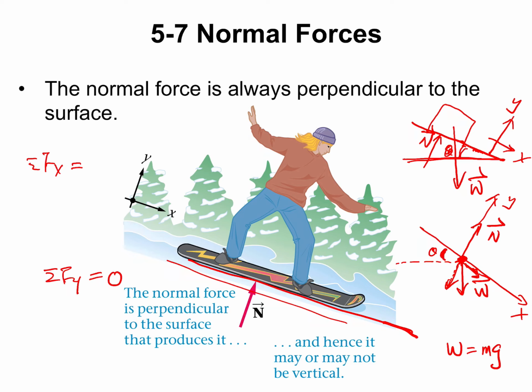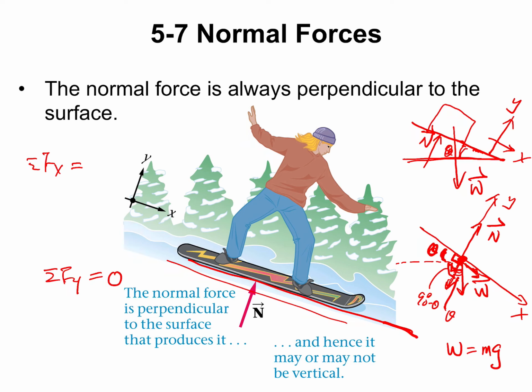If this is theta, then this is 90 minus theta, and this will be theta. The reason is that this is 90 degrees, and this is also another 90 degrees. So this angle is theta, this is 90 minus theta, and this is theta.